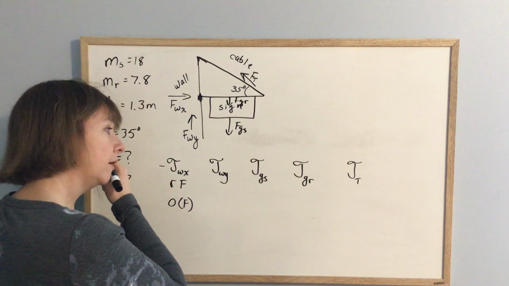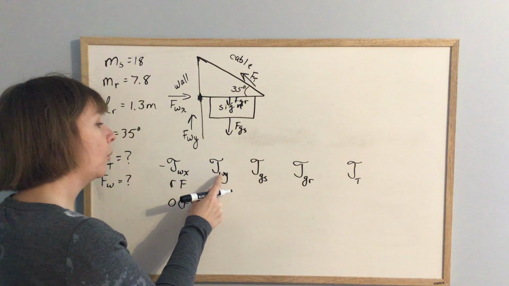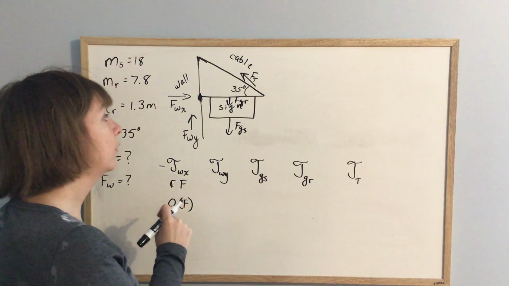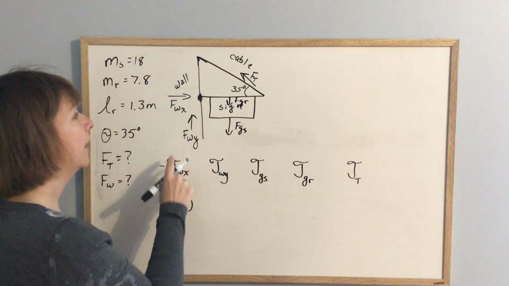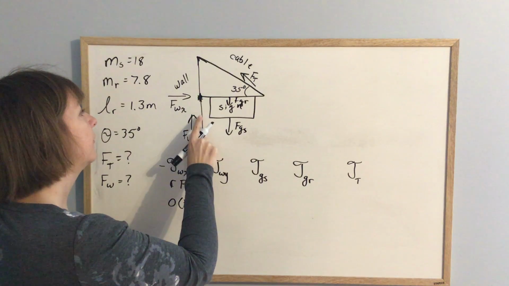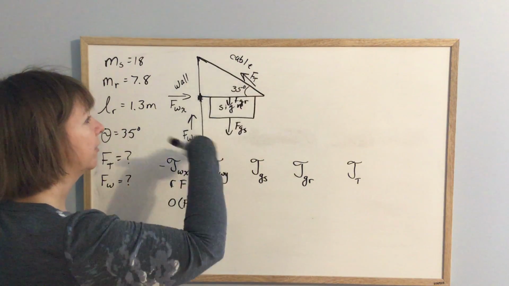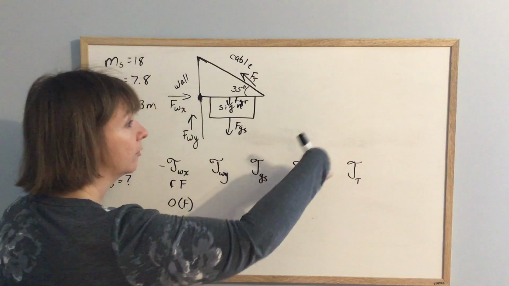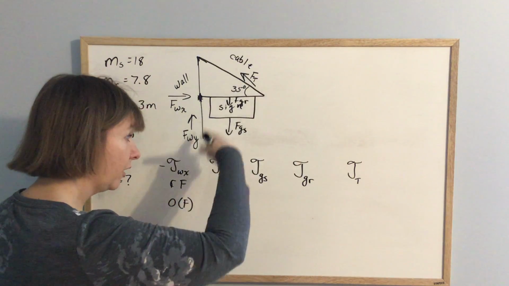Torque because of the Y component of the wall force, well, that's pushing up. So again, if there was nothing else happening and I was pushing up on the rod, it would probably start spinning this way, which is clockwise.